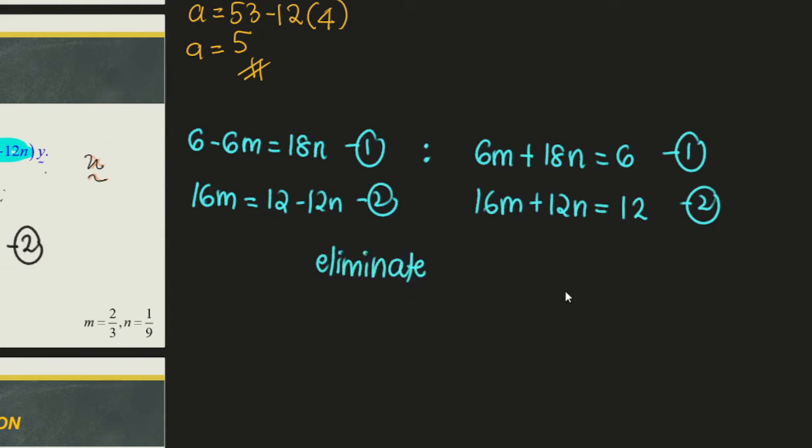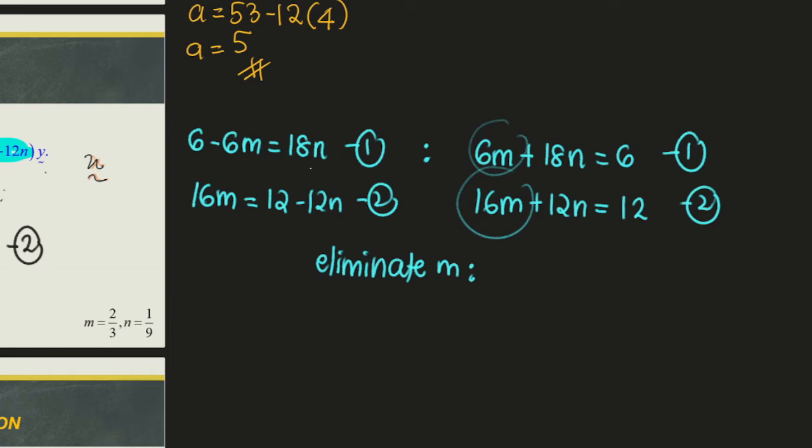Let's go for M. You want to eliminate M, so you have to try to make both the M's the same number. What are the common multiples for 16 and 6? I can see that we can get 32.